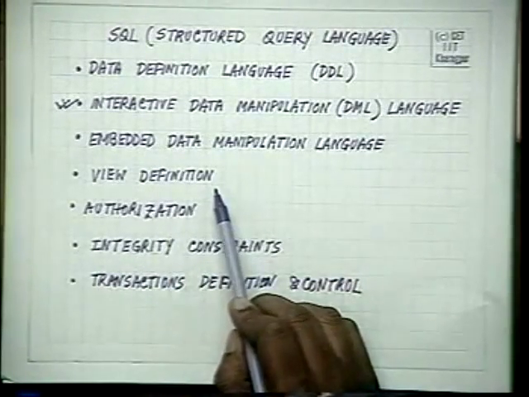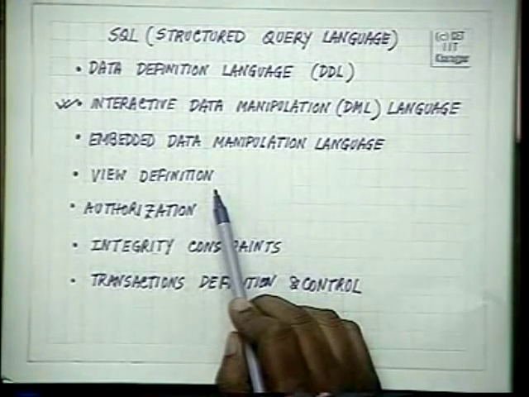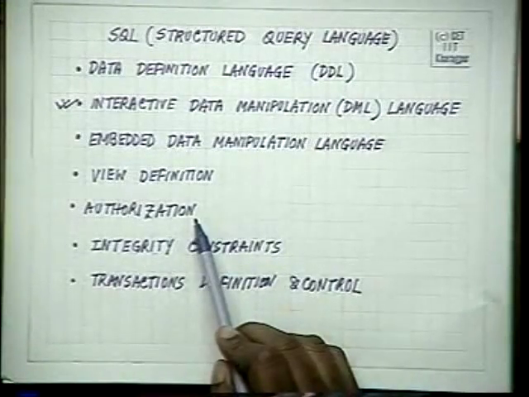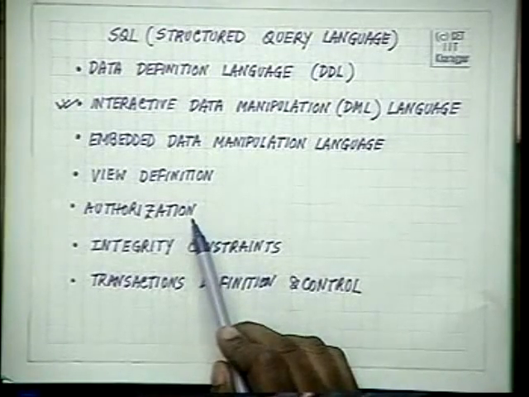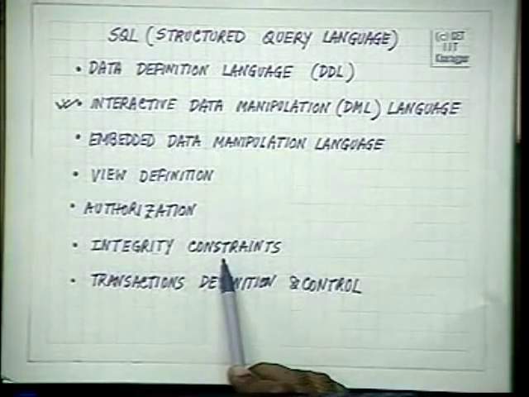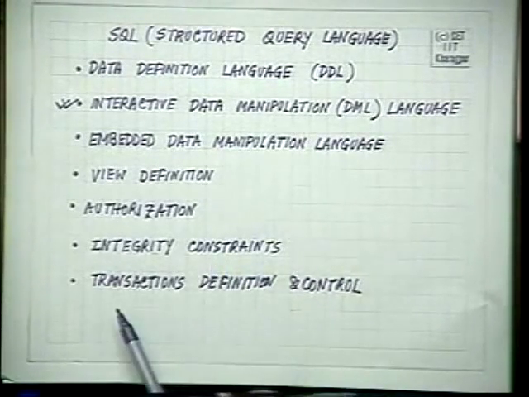You have the concept of view definitions, that is, you can give different users a different look of the database, showing only portions of the database to a particular user. You can specify the authorization: who will do what, who is capable of updating what, and who can see how much of the database. You can express integrity constraints, of which the keys, the functional dependencies and other aspects will come in.